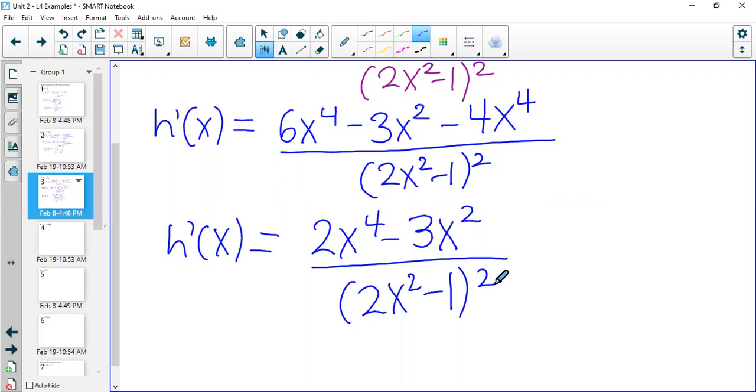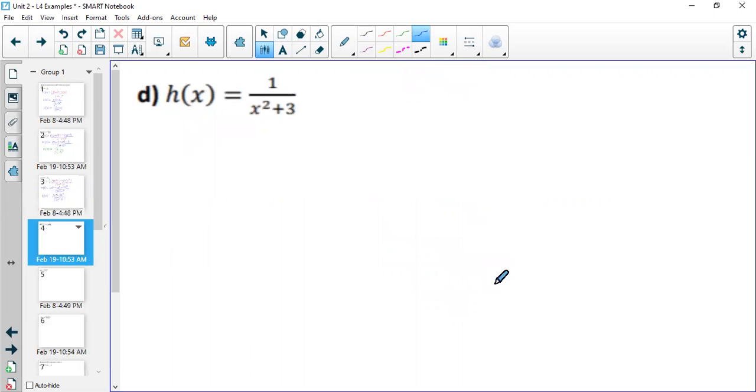Okay, the next example is quite simple. So I'm going to just provide the answer here so that you can try this on your own.